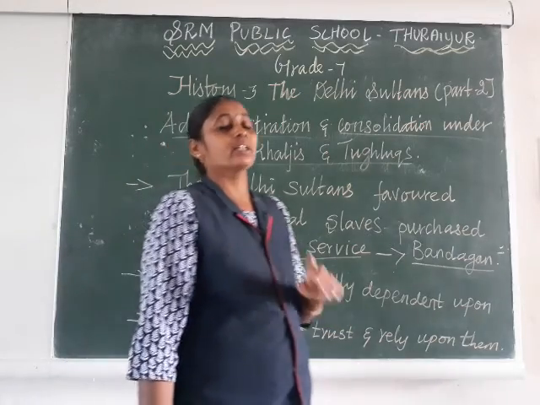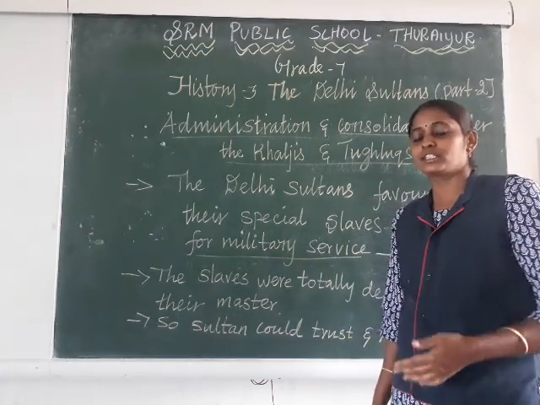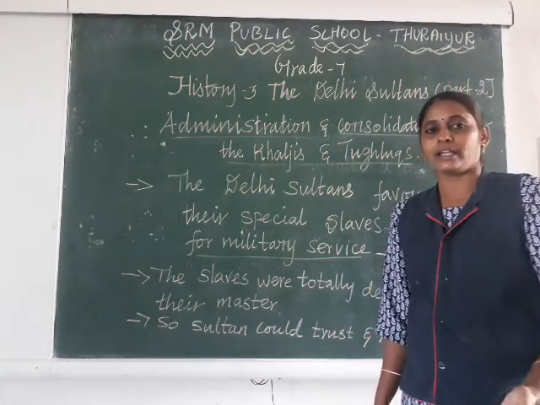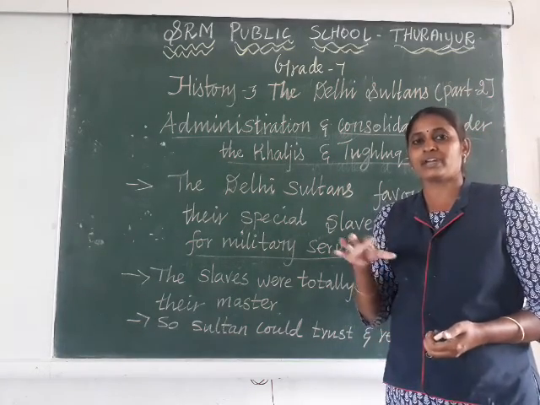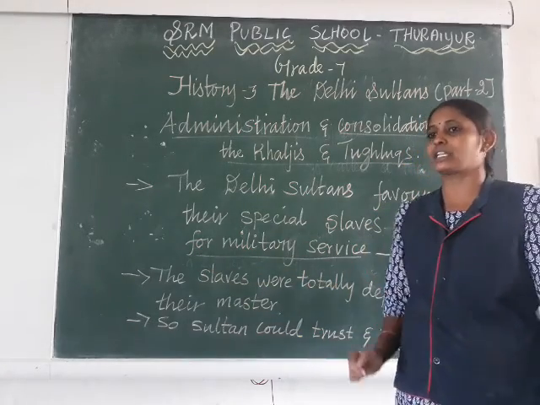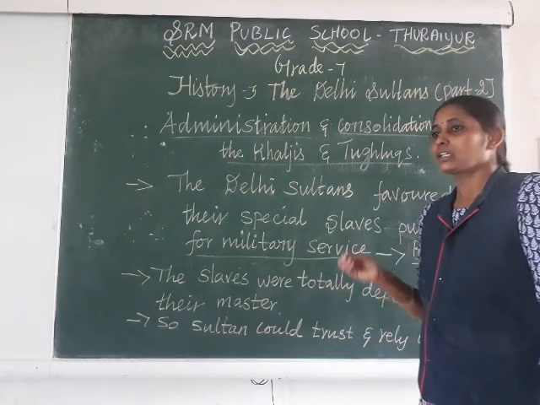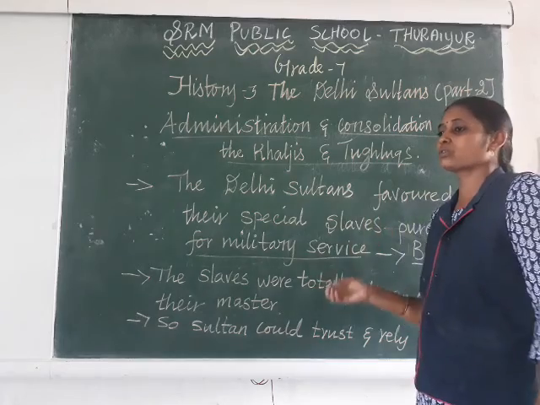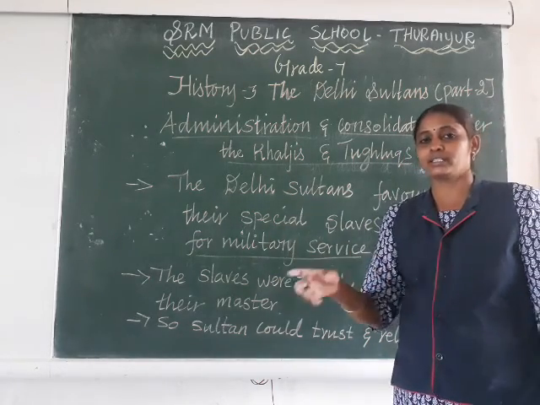If you read the history of the Delhi Sultans in your higher classes, you can see that many kings were killed by others. Especially take Razia Sultan. She was a lady and did not have any support, so she was killed by the military and ministry members.